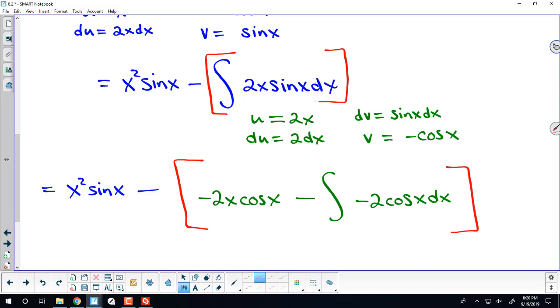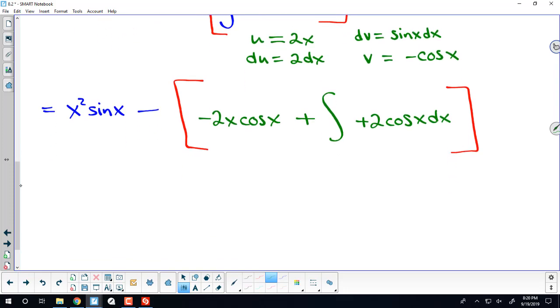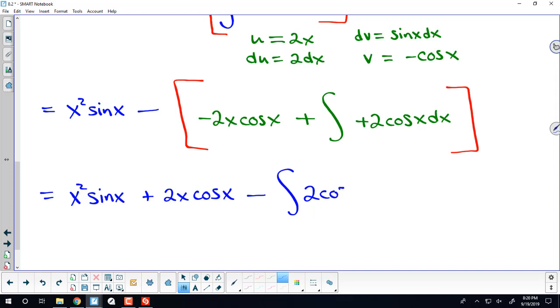All right, so this is a minus integral of -2, so we can call that negative and that negative are now positive. And then if we want to ungroup this stuff, we just distribute that negative into both of those. So it's x squared sine x minus 2x, so that's plus 2x cosine x, minus the integral of 2 cosine x.